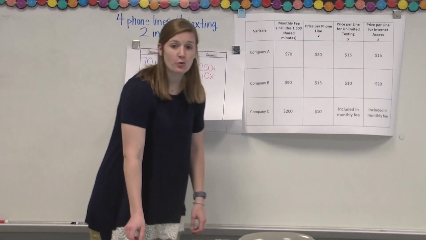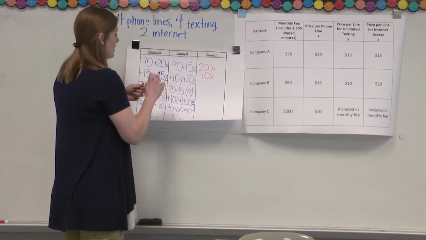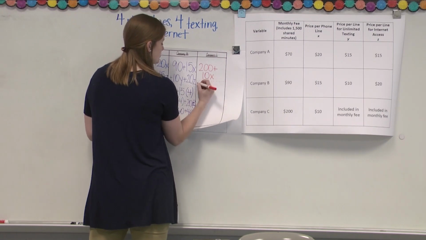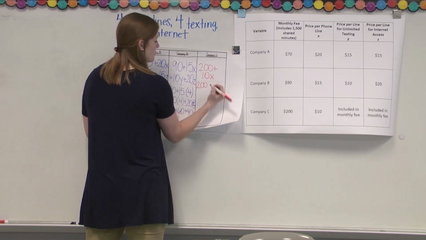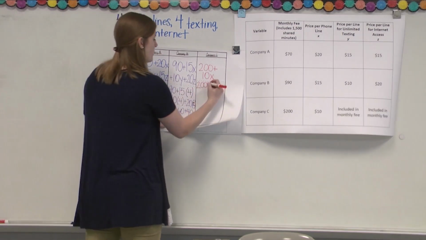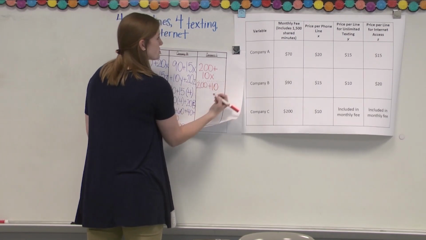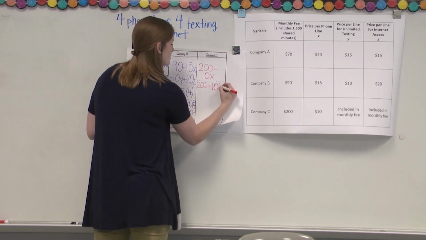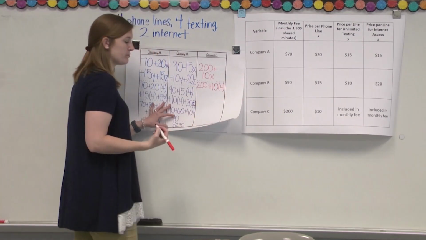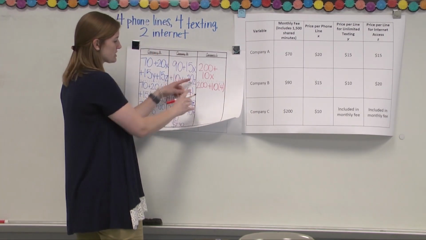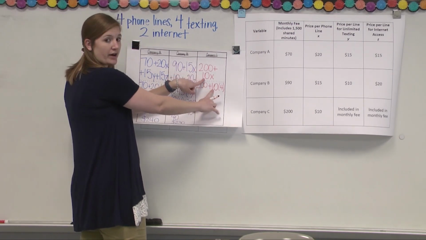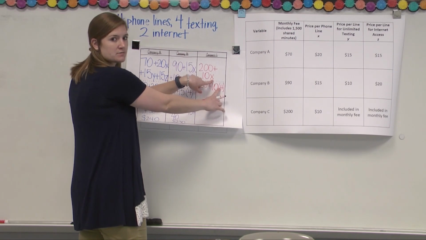Okay, so let's check your work for Company C. So Company C, we have 200 plus 10x. So we have $200 for those 1,500 minutes that we're sharing, plus $10 for every line, which was X. We know that we want 4 phone lines, so we're going to substitute 4 in place of X. One more time, $200 for the 1,500 shared minutes, $10 for every line, and we do have 4 lines.